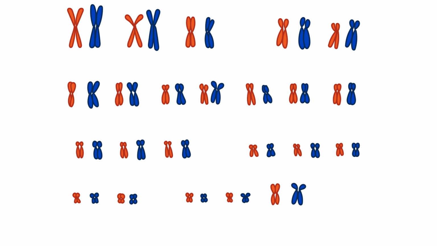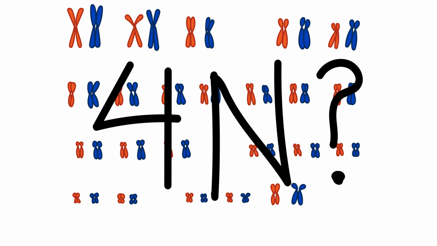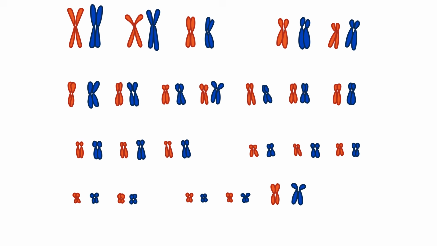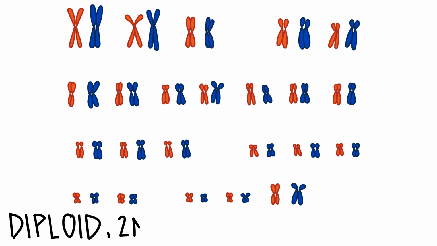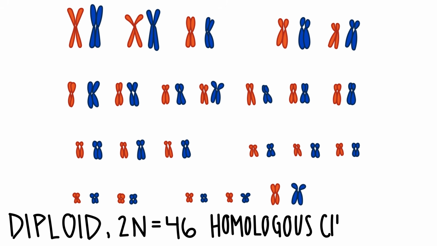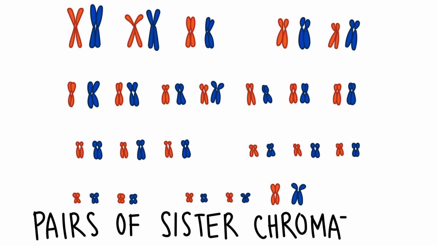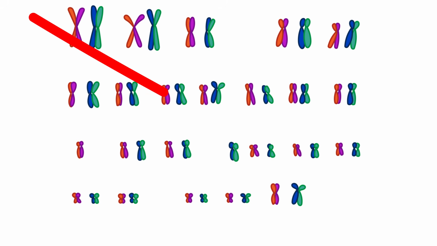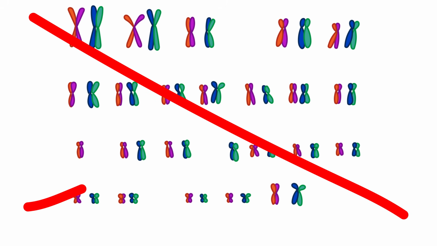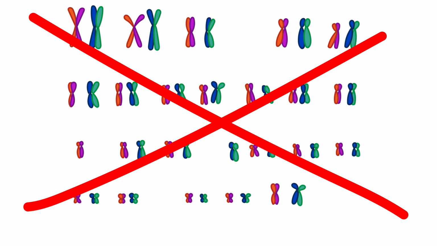This is where you may have heard some people describe the cell as having 4n chromosomes, which can be misleading. These cells are still diploid with 2n or 46 homologous chromosomes, even though they are currently duplicated as pairs of sister chromatids. You didn't receive two more sets of new homologous chromosomes with different alleles, and the amount of unique chromosomes has not increased.